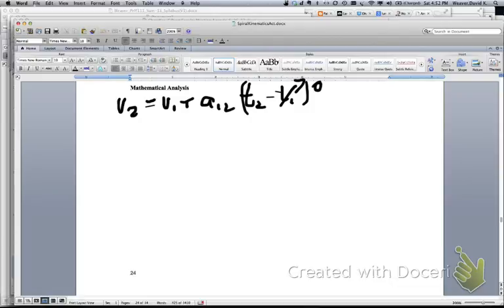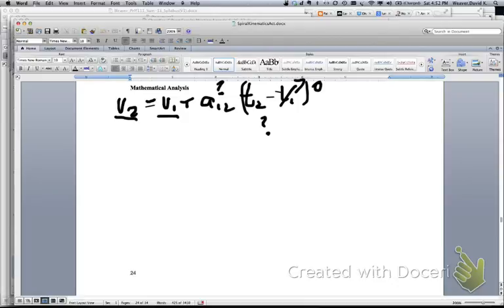Other than that, we know what V2 is and we know what V1 is, but we don't know what A12 is and we don't know what T2 is. So one equation and two unknowns is not a happy thing. You have a choice as to whether you want to solve this for the acceleration or for the time, because you know that you're going to have to do some kind of simultaneous solution.